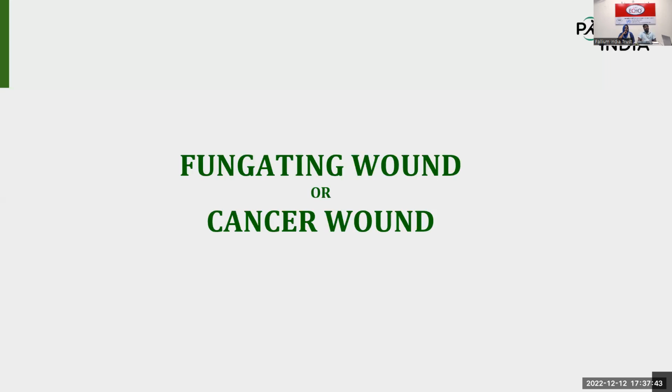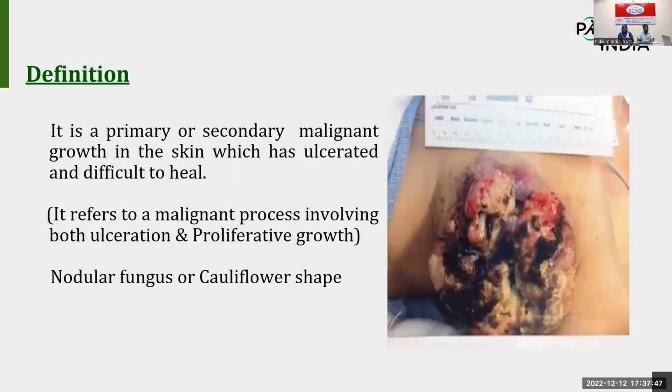Next type of wound is a fungating wound or cancer wound. A cancer or fungating wound is actually due to a primary or any secondary malignant growth in the skin, which gradually bursts and ulcerates and is difficult to heal.